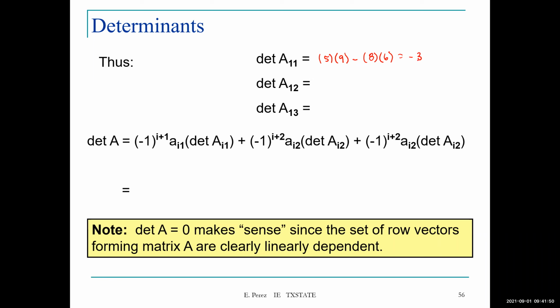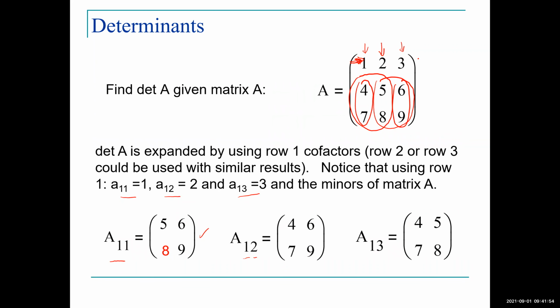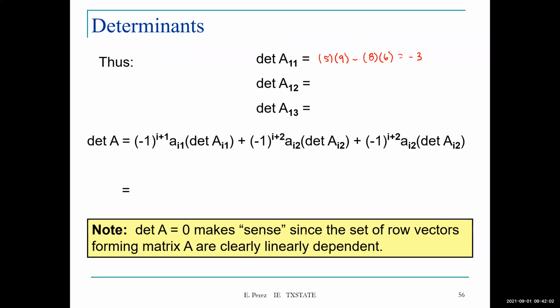If we look at the second minor matrix, this will be 4 times 9 minus 7 times 6, and this is equal to minus 6.